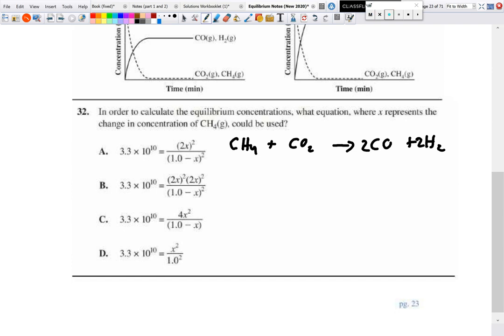So remember from the question above, it said we initially place 1 mole per liter. There's 0 for these here, and for the change, these here minus x, plus 2x, plus 2x.